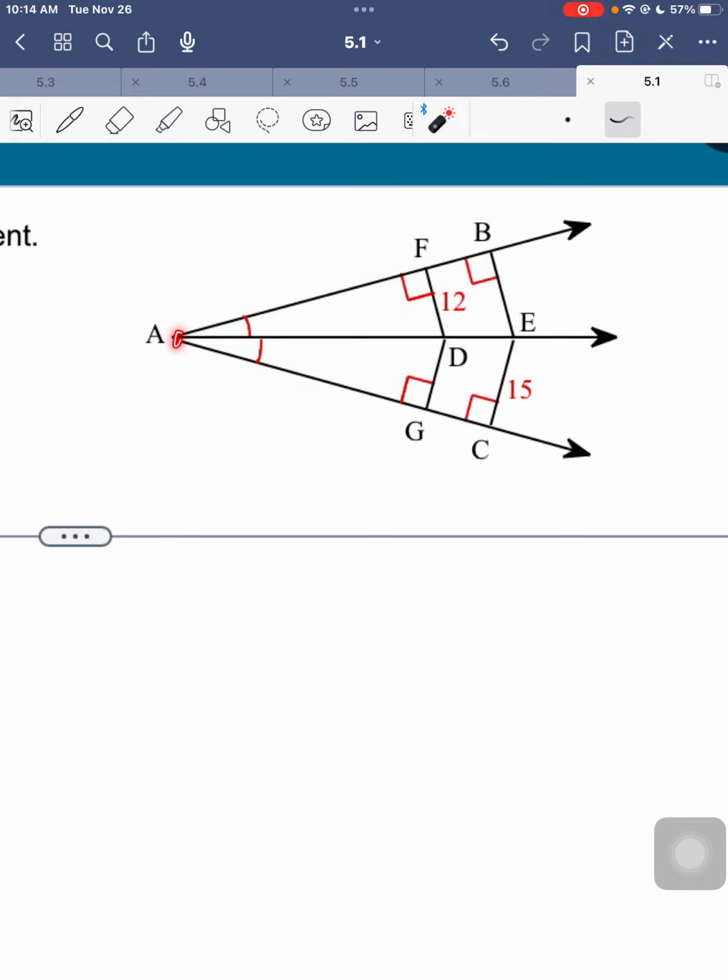So any point on this angle bisector, ray AE, is equidistant to the perpendicular sides of the angle that it bisected. So we know if FD is 12, so is DG.